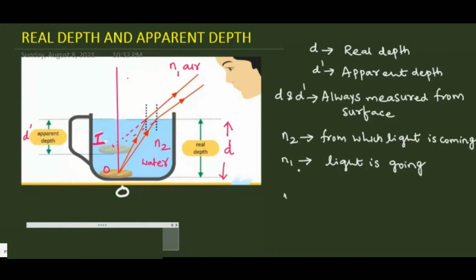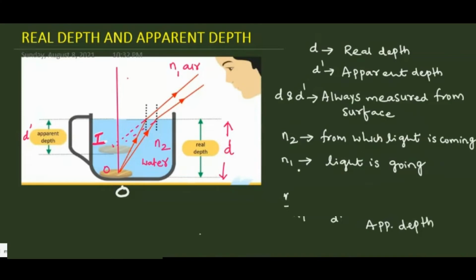Please remember this: N2 by N1 is equal to D by D dash, which is equal to real depth by apparent depth. This is the relationship between refractive index and real depth and apparent depth. Clear? Any doubts? No, sir.